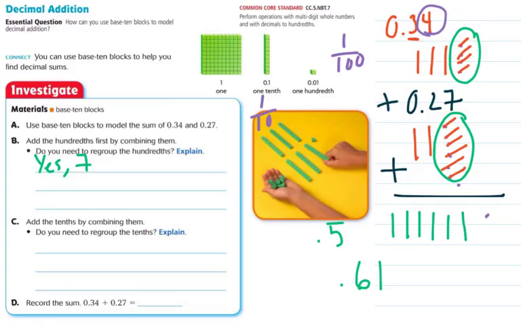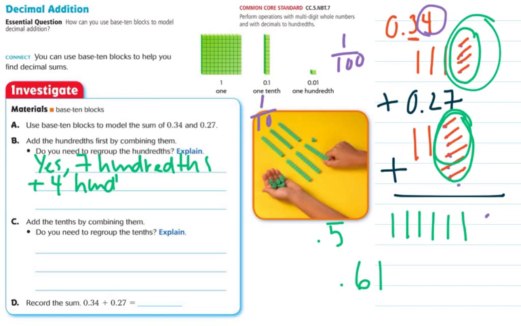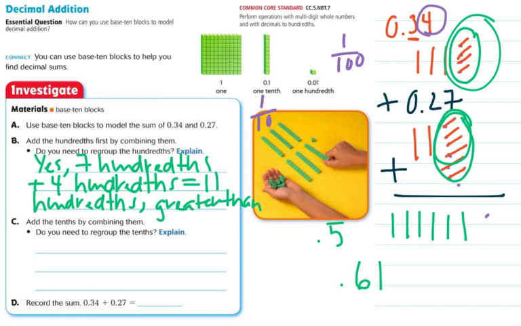The 7/100 that we had up here, we added to the 4/100 that were down here, which equaled 11 hundredths. That's greater than 9 hundredths, so that's why we had to regroup.